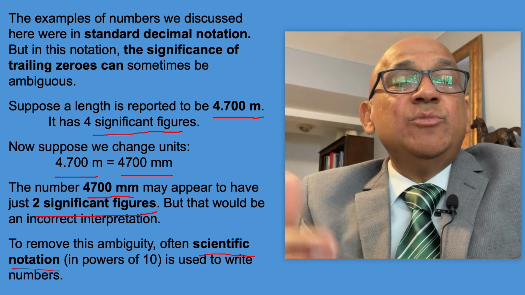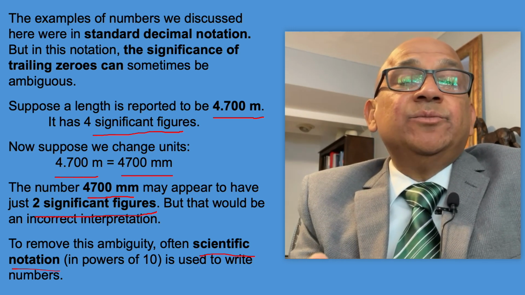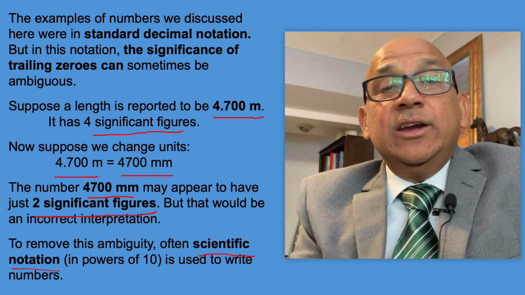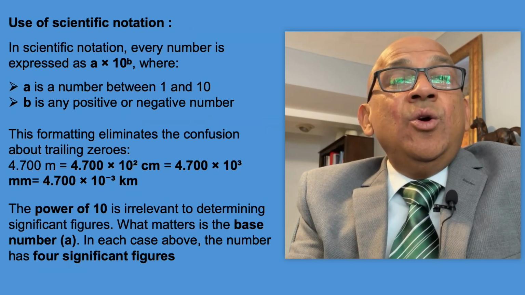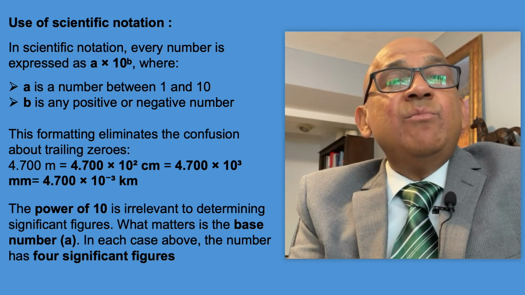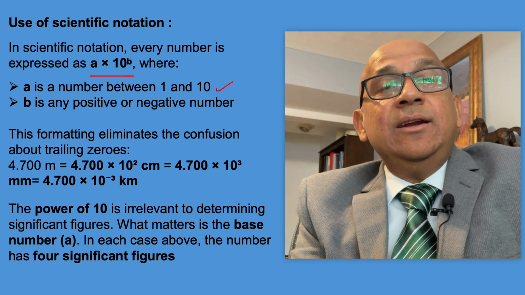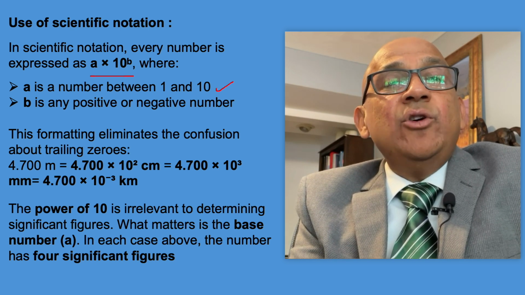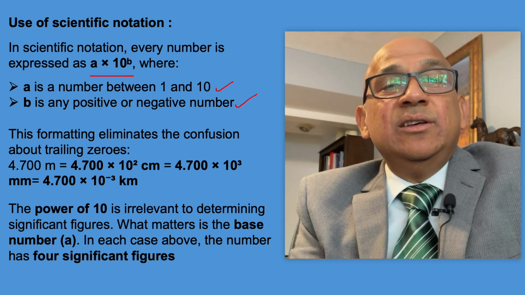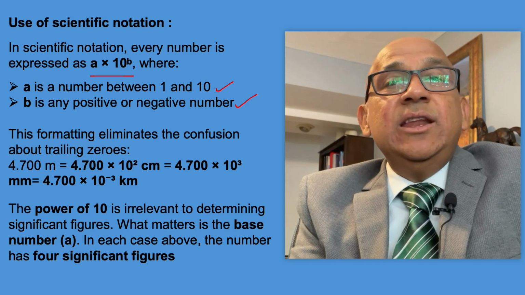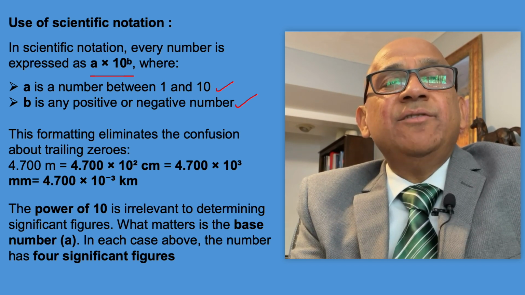It is customary to use scientific notation for most scientific work. In scientific notation, every number is expressed as a times 10 to the power b, where a is a number between 1 and 10, while b is any positive or negative number.